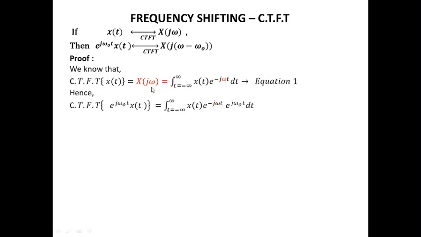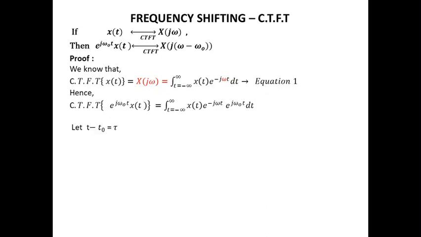So now the CTFT of e power j omega naught t x of t is the integration from t equal to minus infinity to infinity of x of t e power minus j omega t, where in the place of x of t we replace it with e power j omega naught t into x of t, dt. Now in this you can group the values of t.